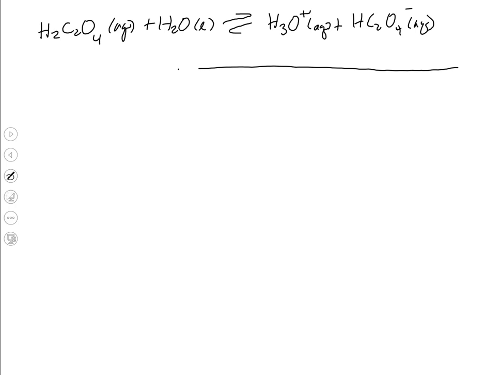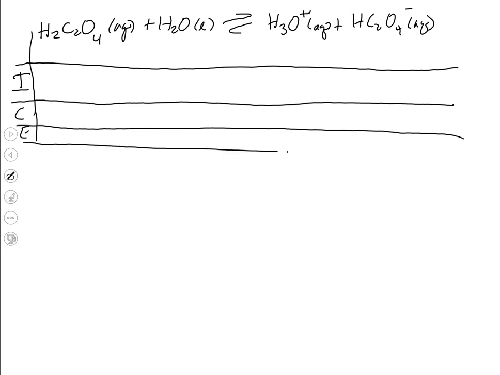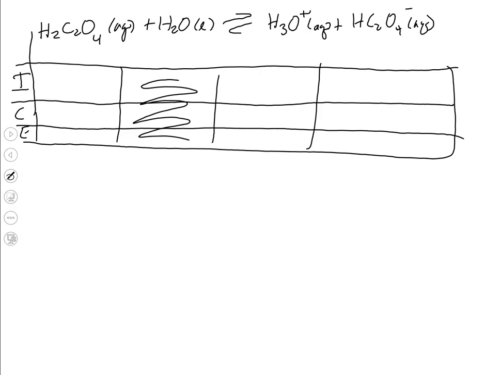Sorry. So what column here are we going to ignore? H2O. We're going to ignore the water column because it's liquid, so it doesn't affect the equilibrium.